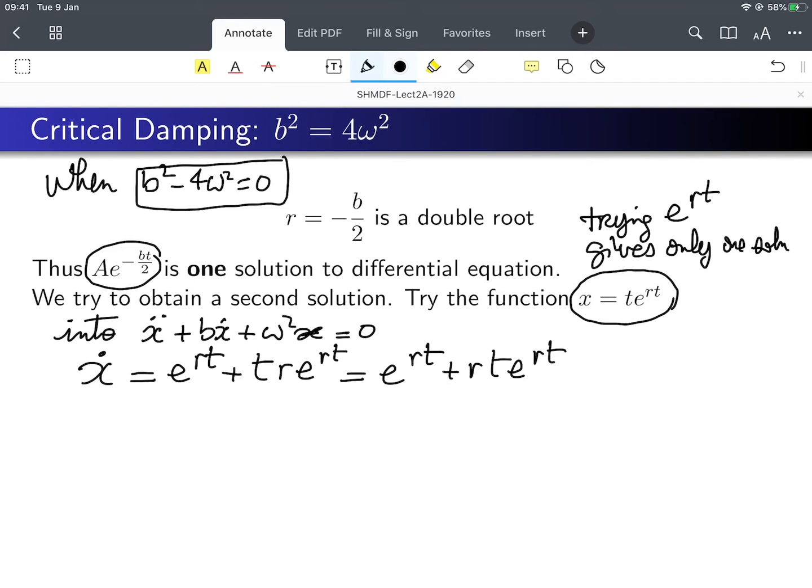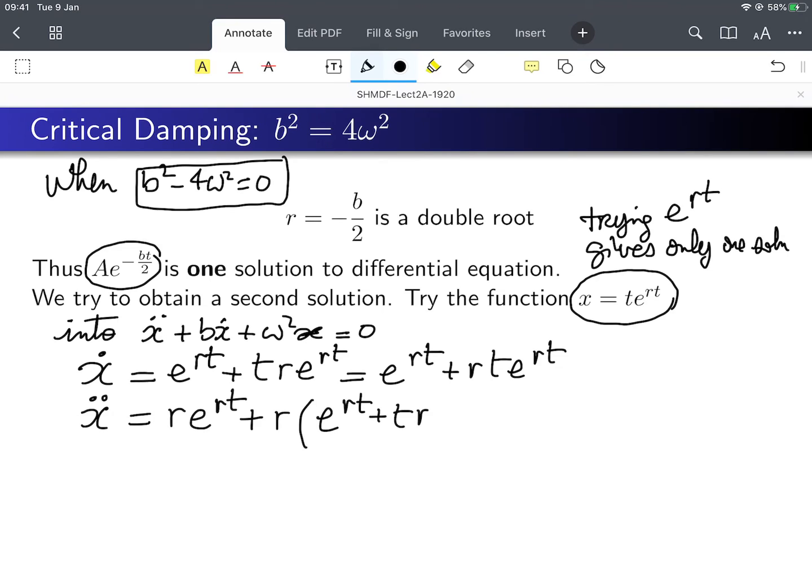And then I compute the second derivative. Now I have to differentiate those two terms. The derivative of exponential is going to be r ERT plus r, and then again I have the product rule. I just did that.